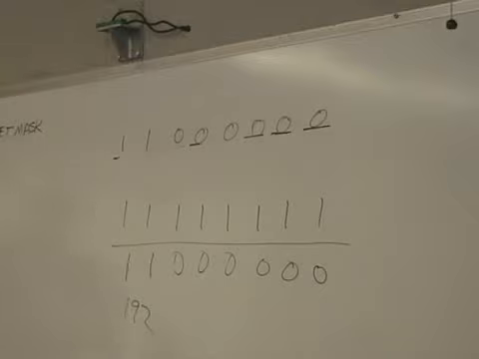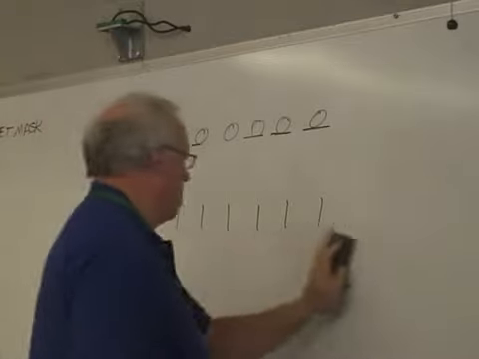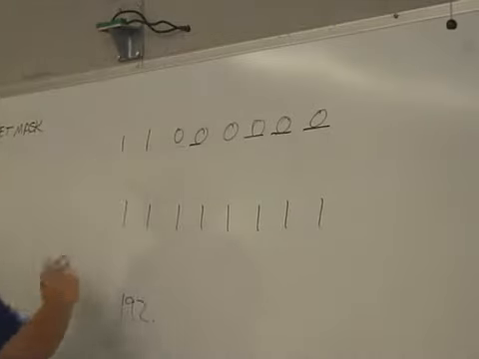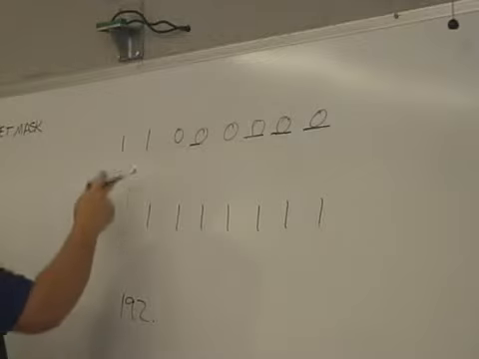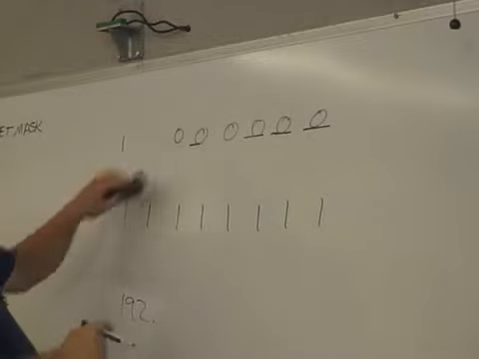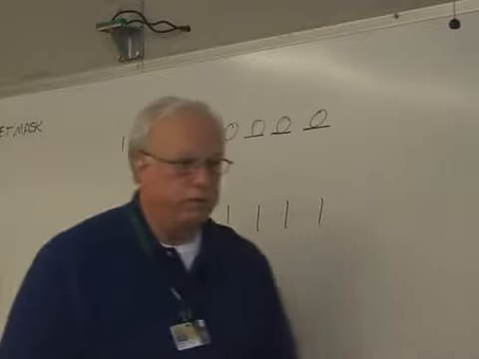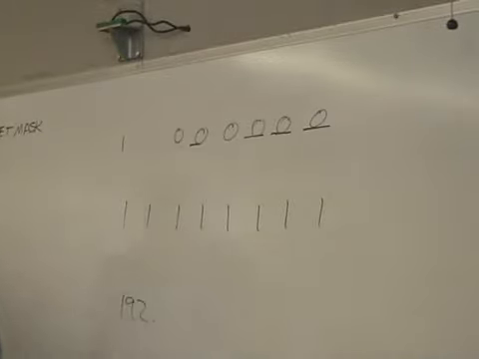All right, so let's look at the second one. What gives me a 168? Well, it's going to be less than 192, so I need a 128 and what? What bits do I need to get 128?